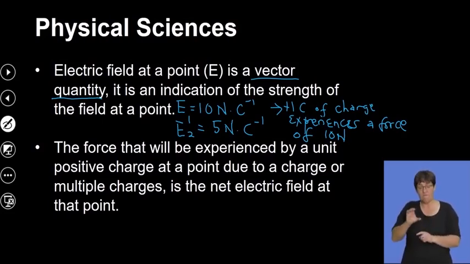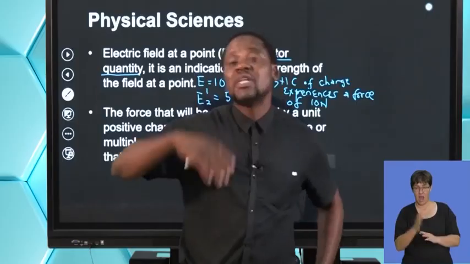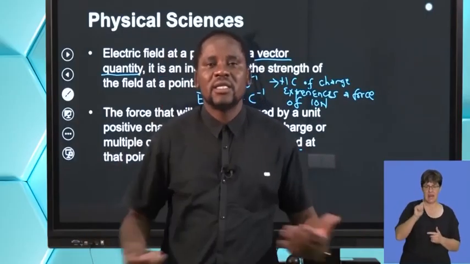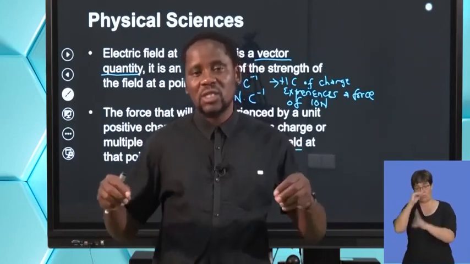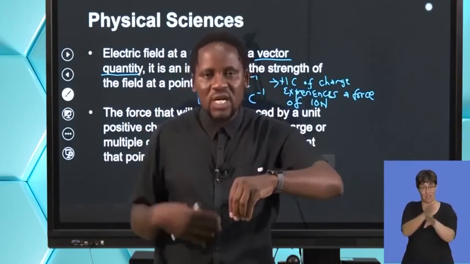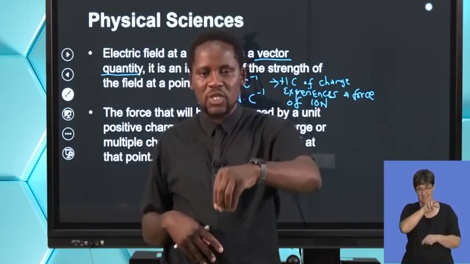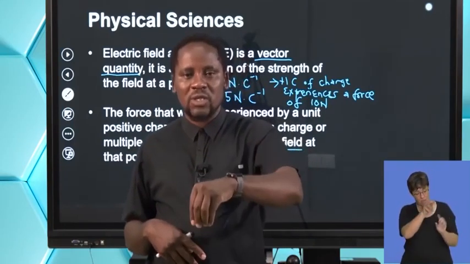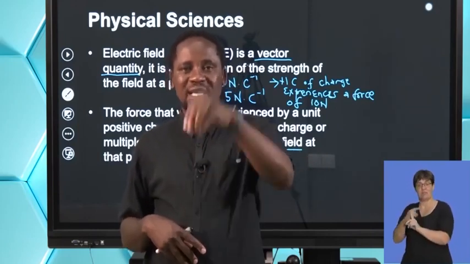Now, the force that will be experienced by a unit positive charge at a point due to a charge or multiple charges is the net electric field. So we are emphasizing the big idea around net electric field at a point. We identify a point in the field of more than one charge. Now, there are multiple charges exerting a force on the unit positive charge at that point.